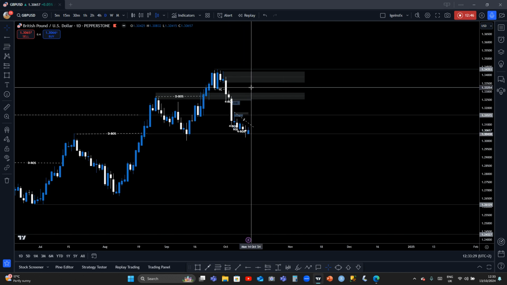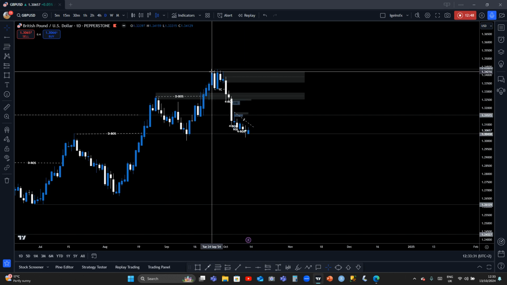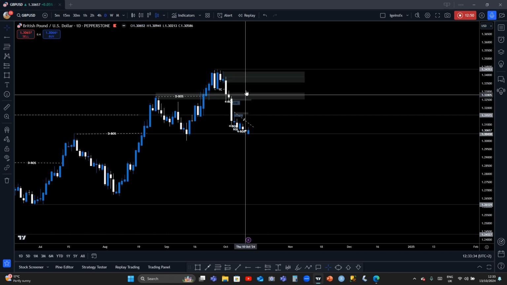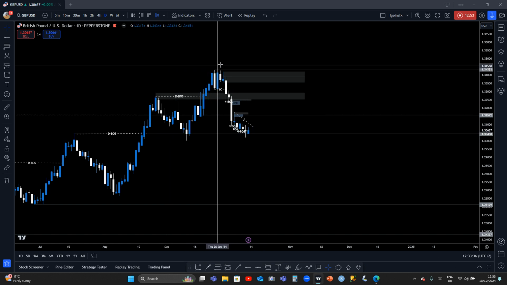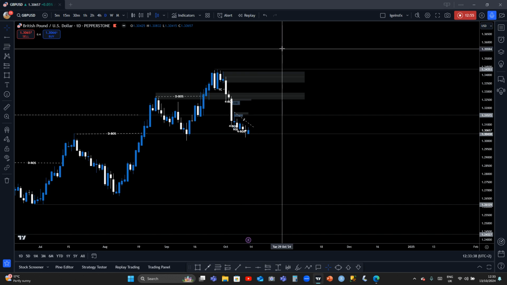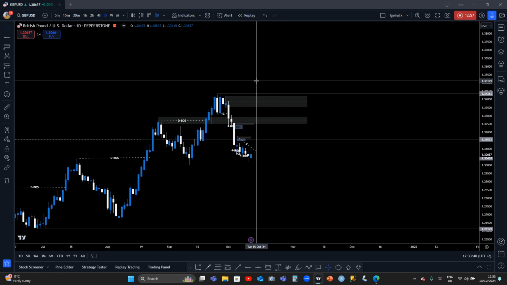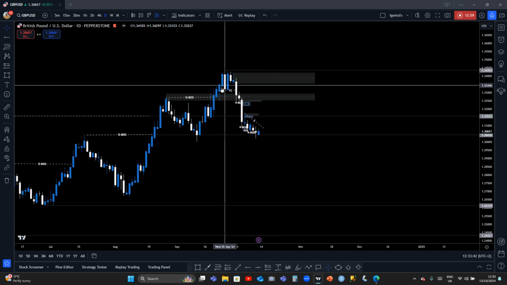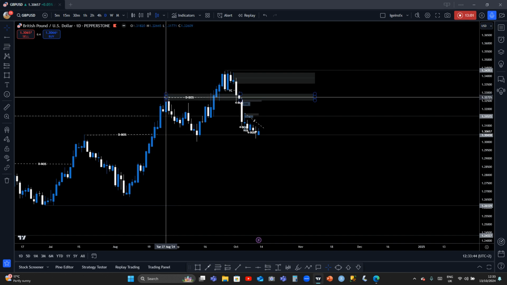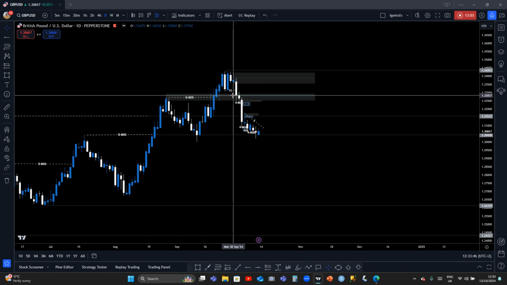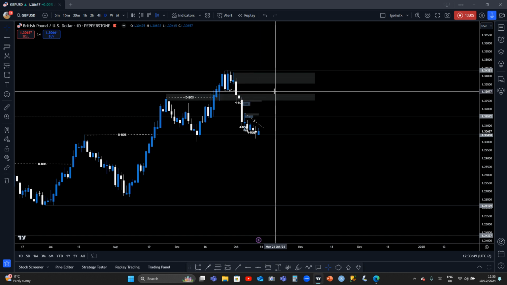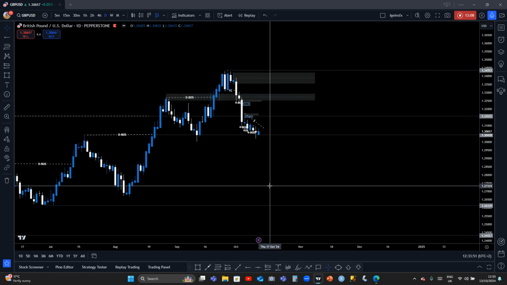Even though there's a pullback, the pullback should not take out this high. If the pullback takes out this high, that means we are no longer bearish, we are bullish. All right. So be expecting price to come and interact with this resistance level. All right, then start pushing down.